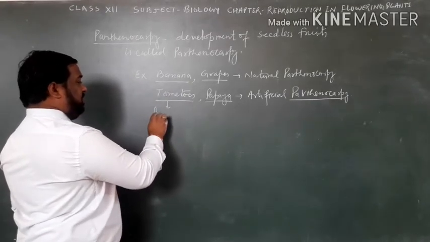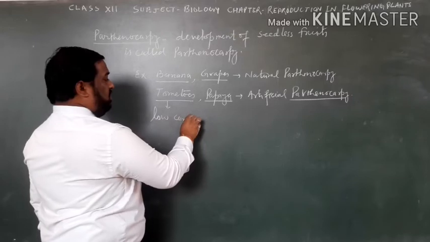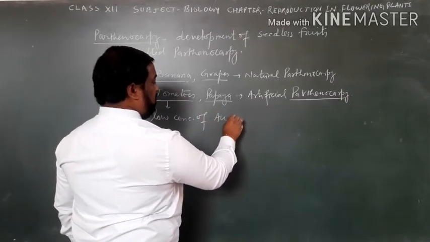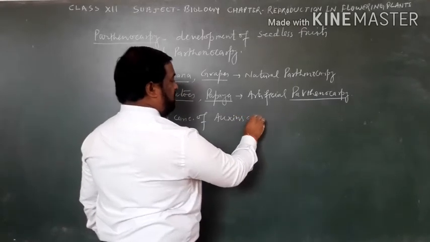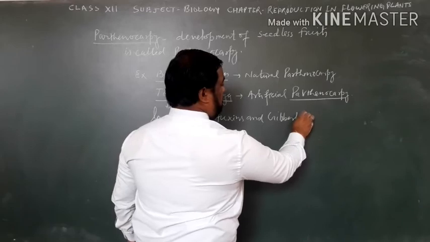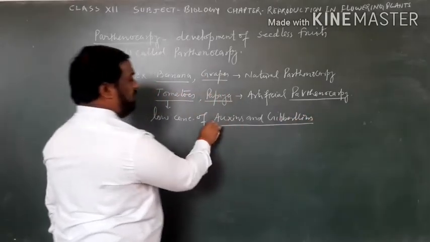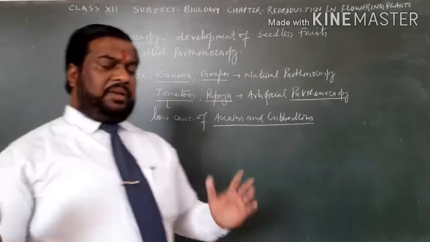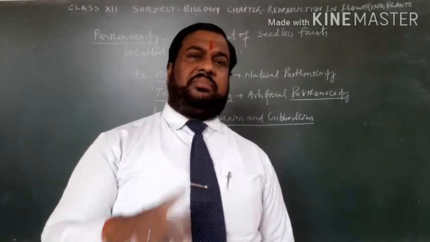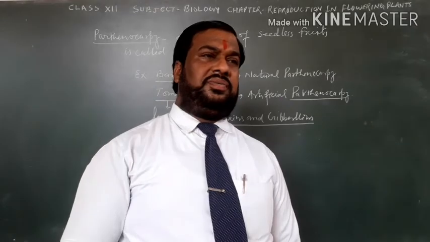When a low concentration of auxins and gibberellins is applied, we can produce seedless fruit.